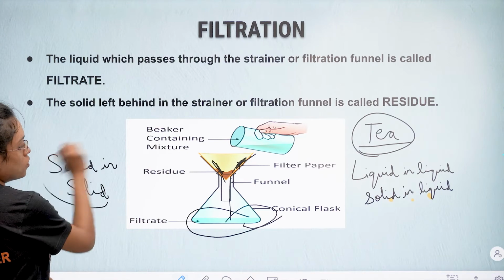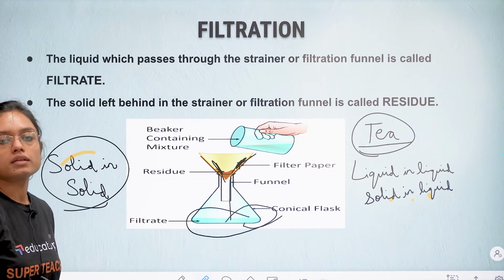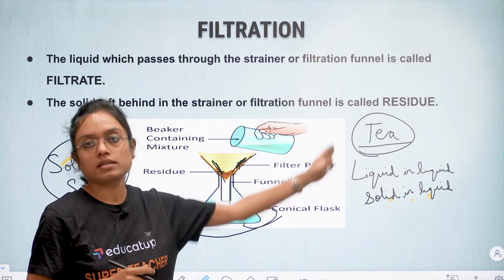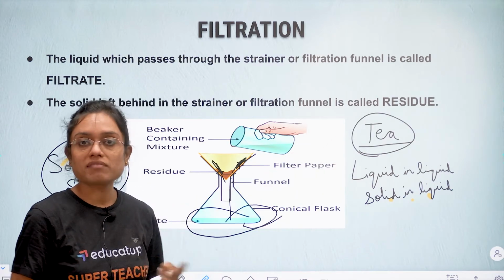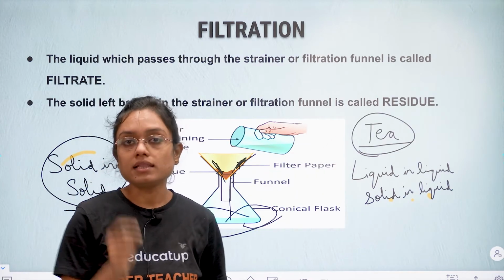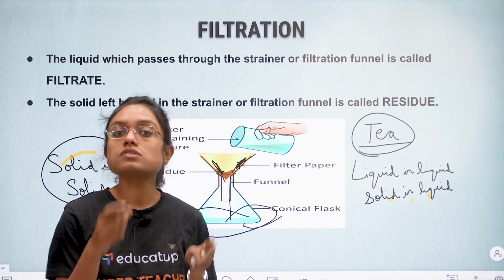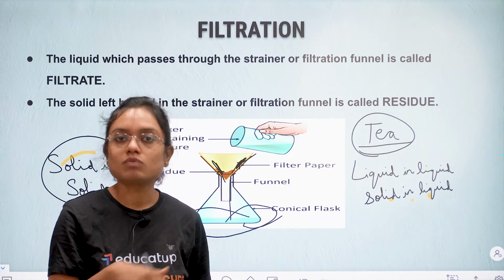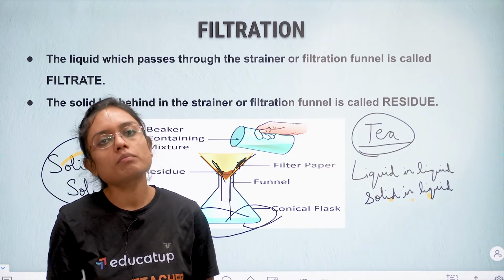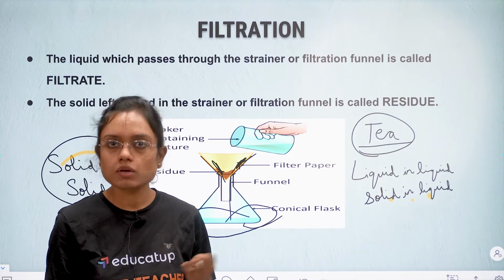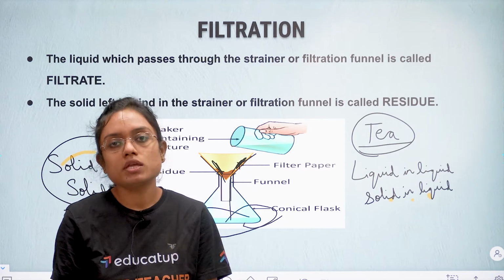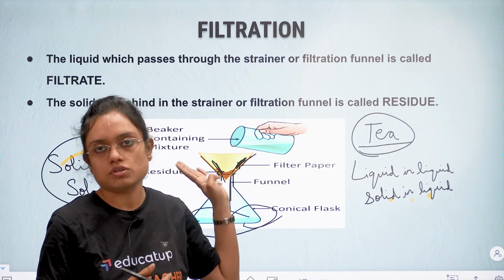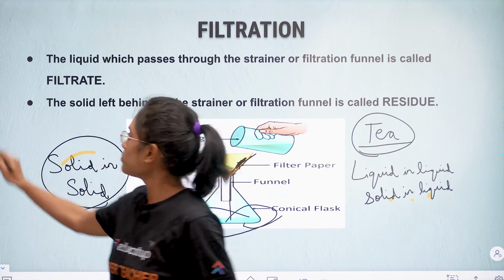In sieving, both the components have to be solid. But in filtration, one component has to be solid and the other has to be liquid. That is why when your mom is making tea, the tea leaves, ginger, cardamom are the solid component, which are being mixed in water and milk, which are liquid components, and the tea finally is in the liquid state. So the insoluble solid component is separated through the process of filtration. I hope it's clear now. Let's move ahead.